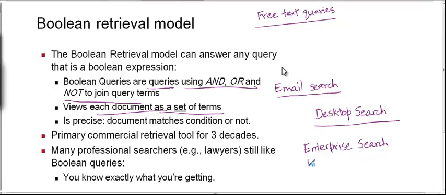Alternately, there's something called domain-specific search, sometimes also called vertical search. A domain-specific search or vertical search provides search over documents within a particular subject area. Like, for example, there are some search engines which particularly deal with just health queries and health-related documents.